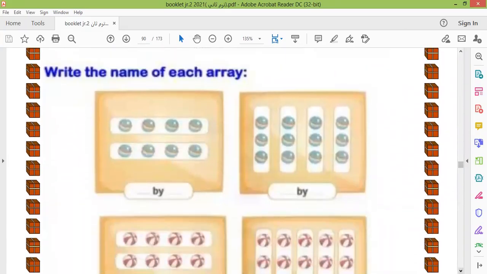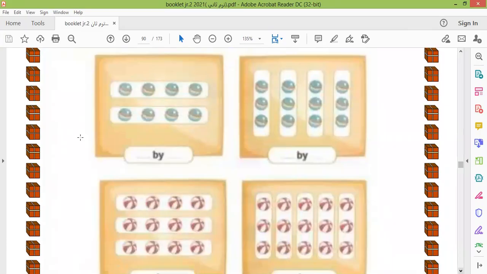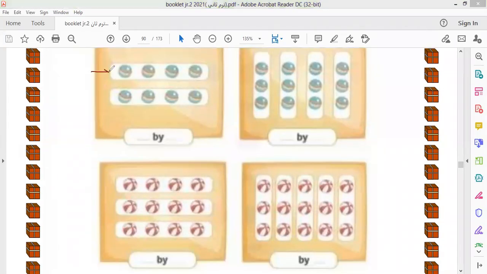Write the name of each array. We have here 2 rows, so we start with 2, and 4 columns. So 2 by 4. And here we have 3 rows.